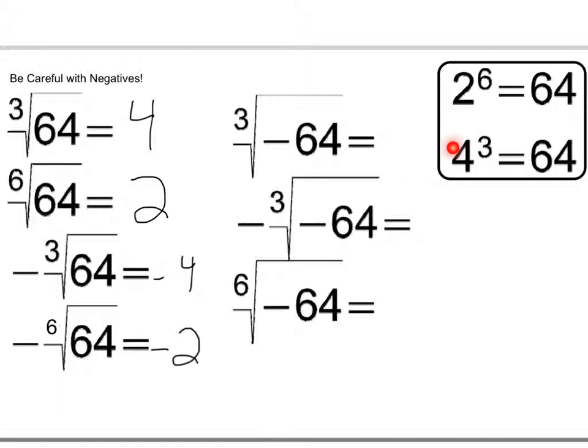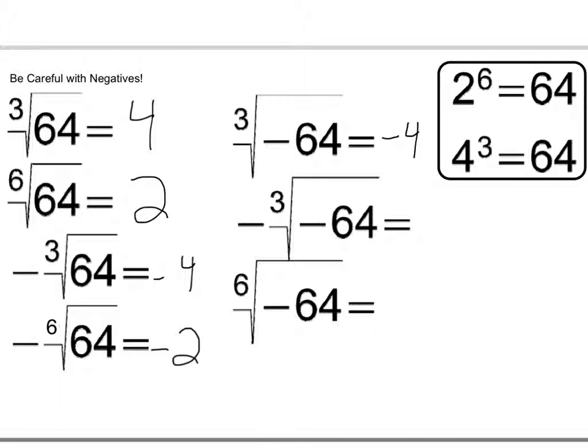Well, I know 4 times itself 3 times equals a positive 64. And if I multiply a negative number by itself 3 times, it too will end up being negative. Therefore, the third root of negative 64 is negative 4. Negative 4 times negative 4 times negative 4 is negative 64.